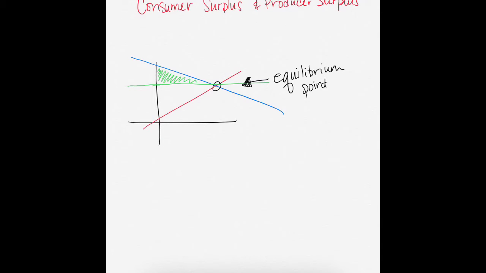Everything that is above your equilibrium point is called consumer surplus. And everything that is below, the area that is below there, is what is called the producer surplus.